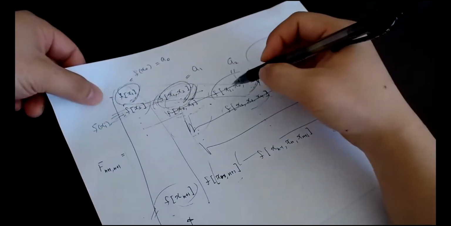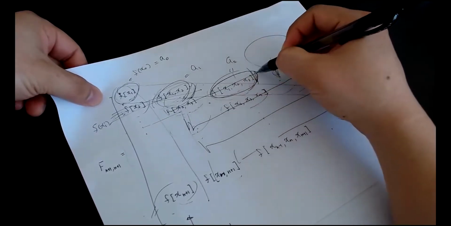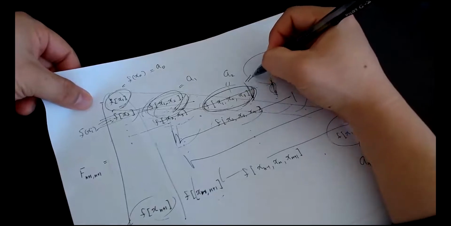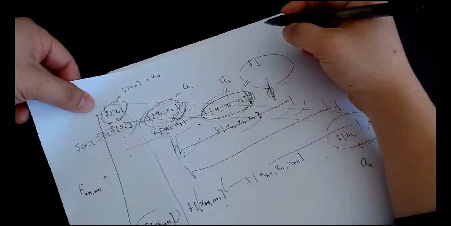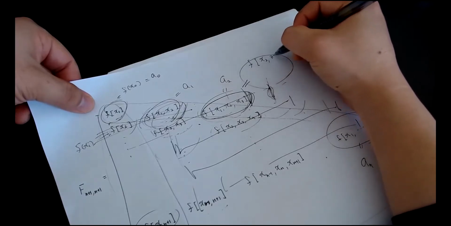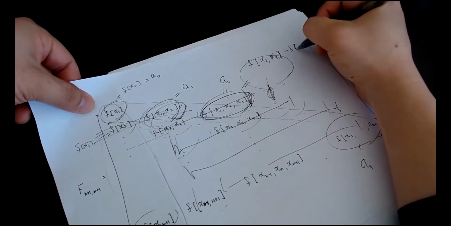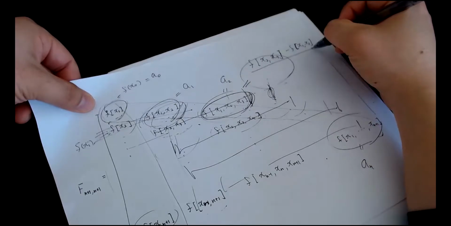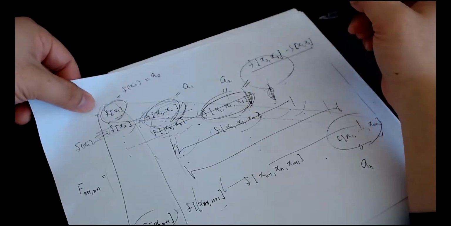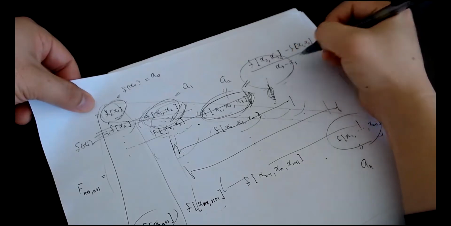So f[xi, xj], let's just figure out the formula of that divided difference. This is equal to f[x2, x3] minus f[x1, x2] over x3 minus x1, isn't it?